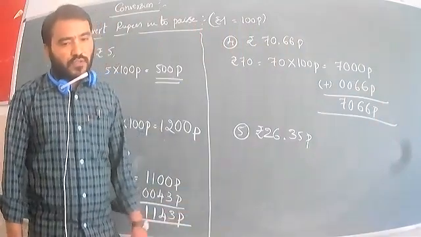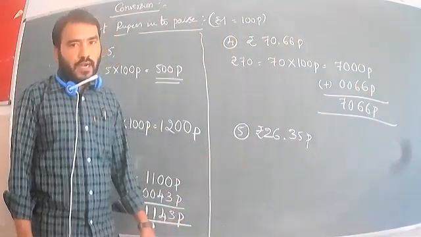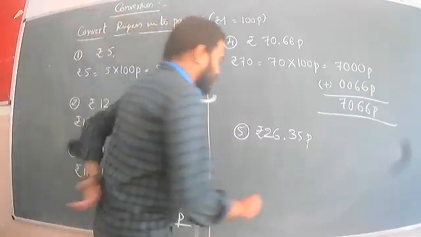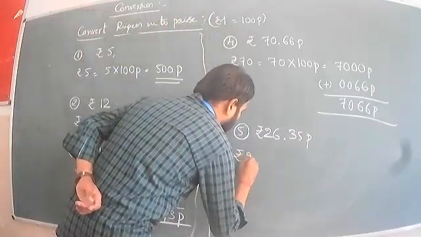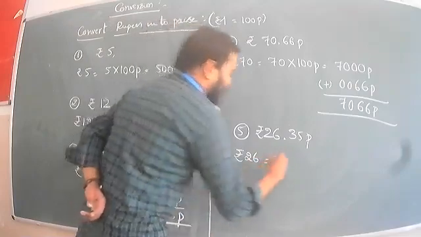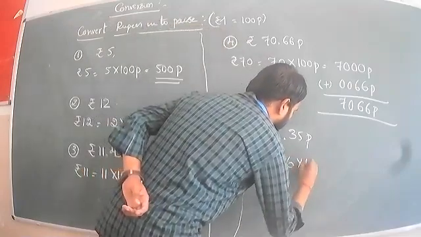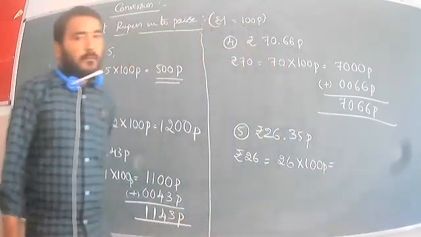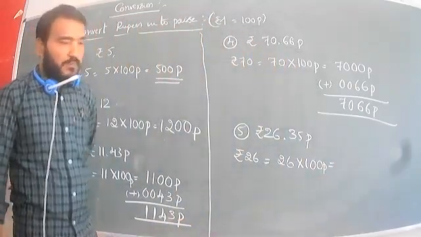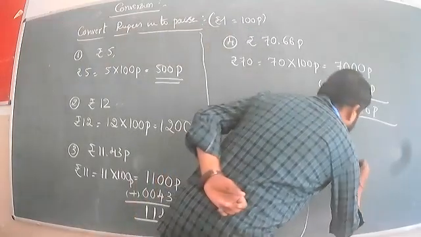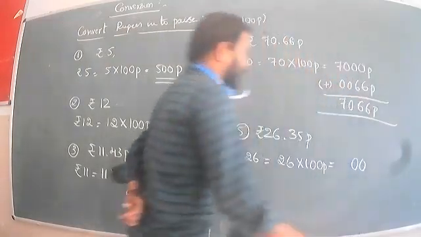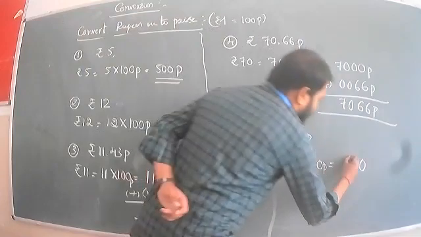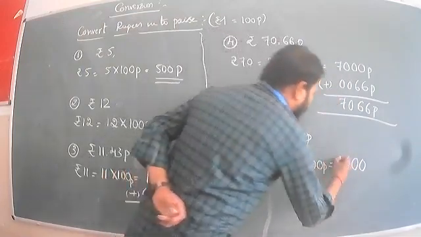Next, the same question, so we can repeat it. We multiply and then add the paisa. So now here 26 rupees. First multiply 26 into 100 paisa, because we convert rupees to paisa. How many zeros? 1, 2. So multiply 6 into 1, 2 into 1.